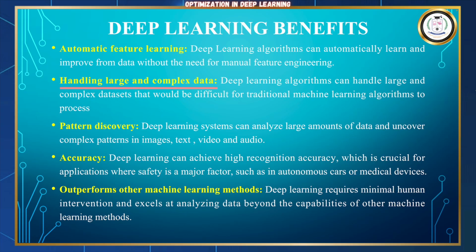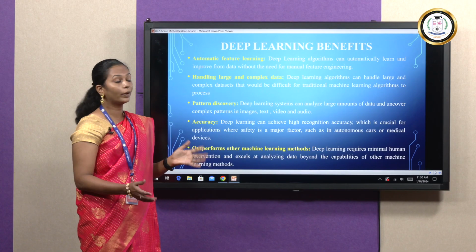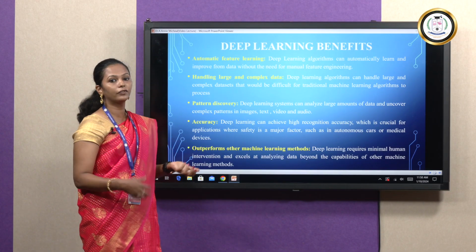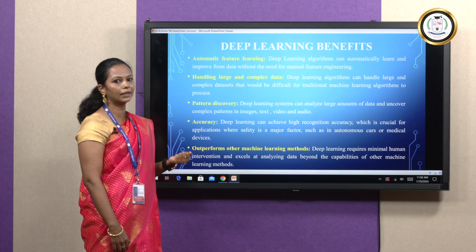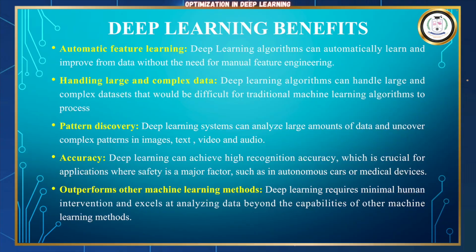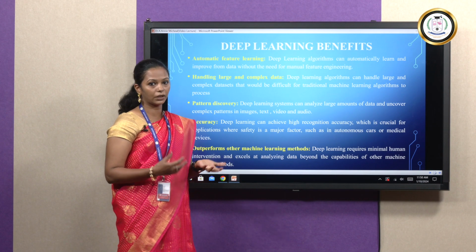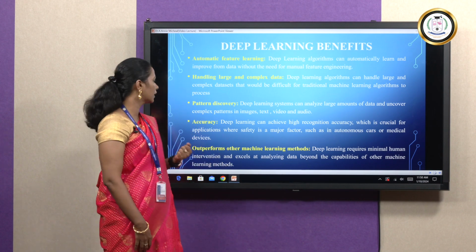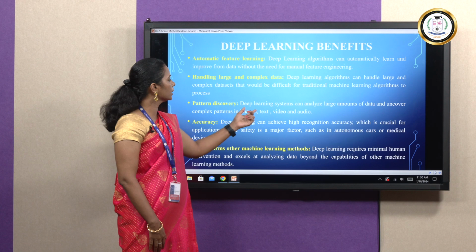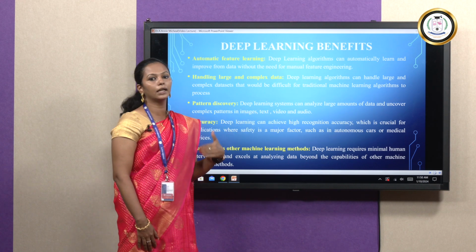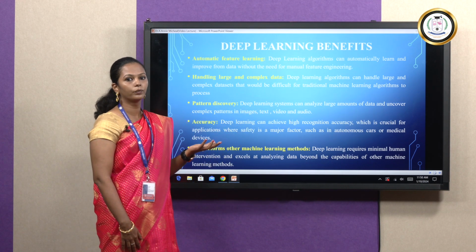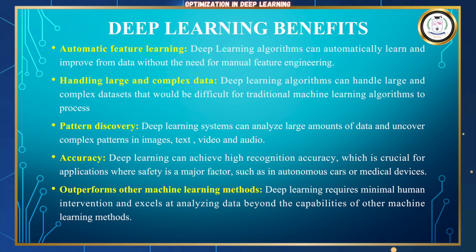Deep learning algorithms can handle large and very complex data which would be difficult for a traditional machine learning algorithm to process. The next benefit is pattern discovery. A deep learning system can analyze large amounts of data and discover patterns from it like images, text, video and audio, and we can derive insight from those patterns.